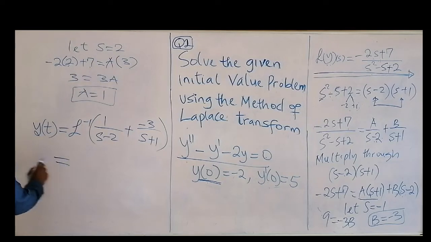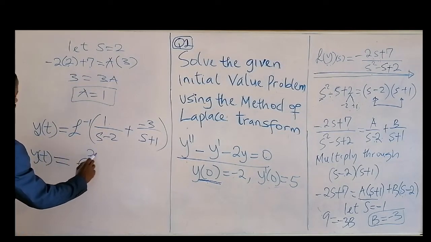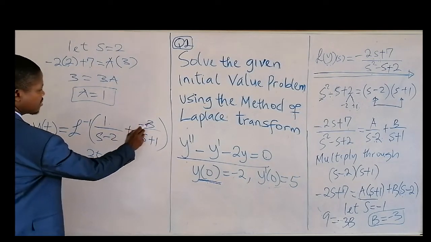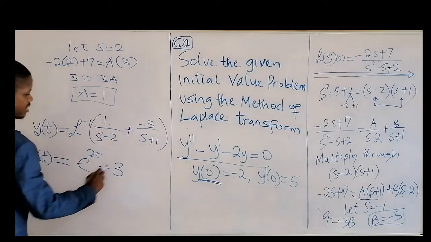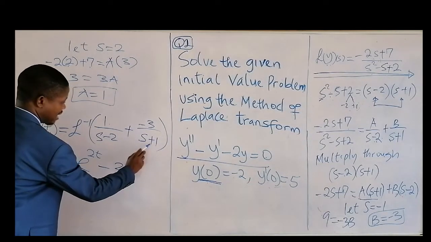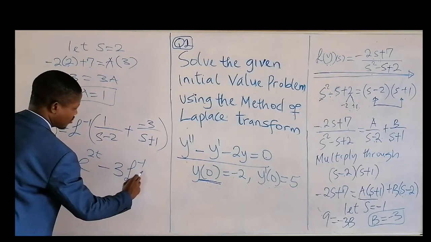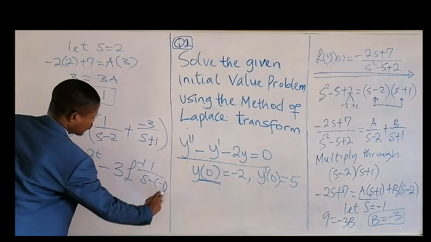So in the final conclusion, this will be equal to exponential to the power 2t, then plus times minus, that's minus 3. Then for the sake of explanation, I'm going to turn this one to 1 over s minus (minus 1).